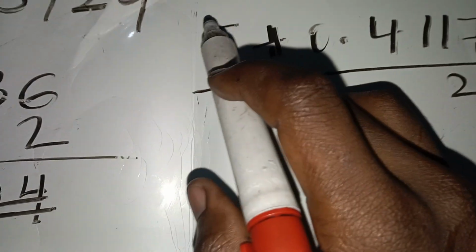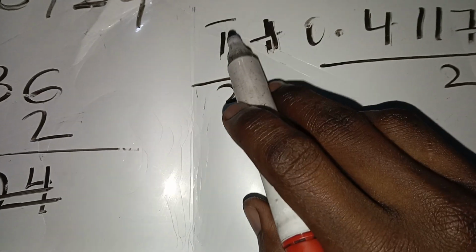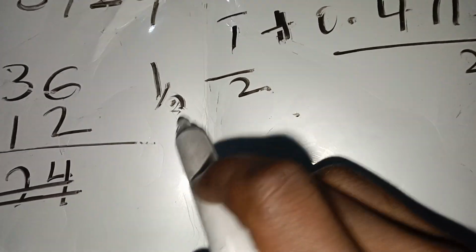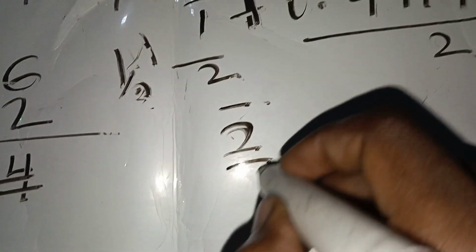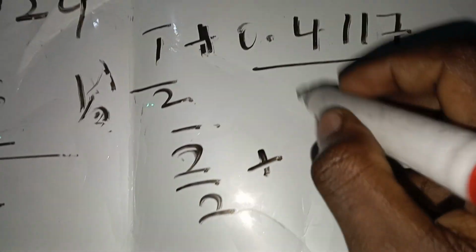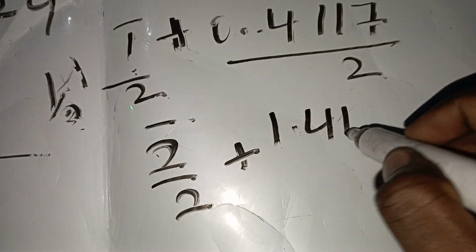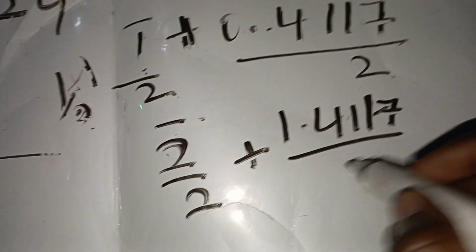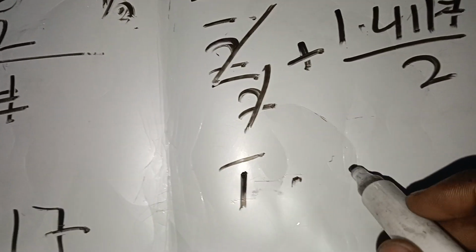So you imagine that there's no presence of this negative, so imagine that you have 1/2. So to reach this 2, you must add 1 to this one to get 2/2. So it will be -2/2 plus, if you plus 1 here, you plus also here, so it will be 1.4117 over 2. Here will cancel, so I'll remain with bar 1 plus what?